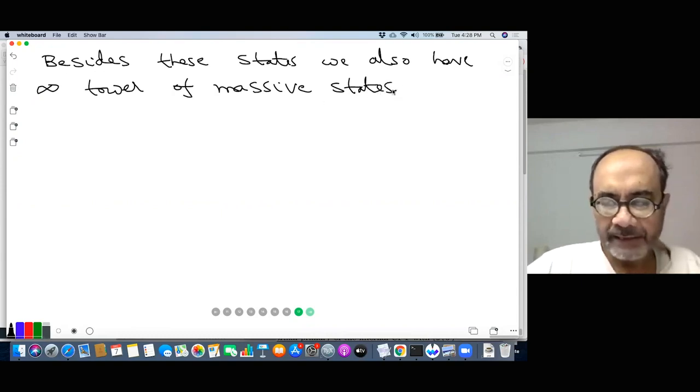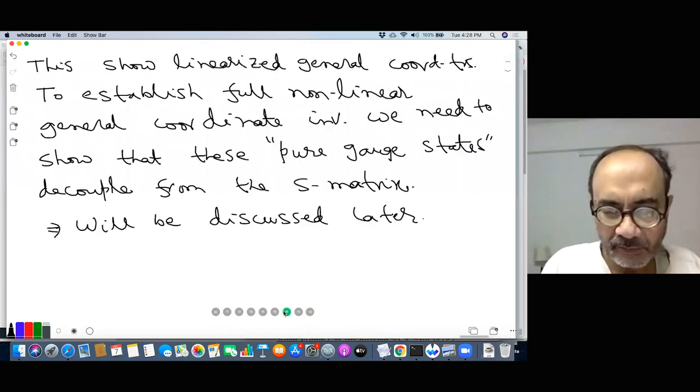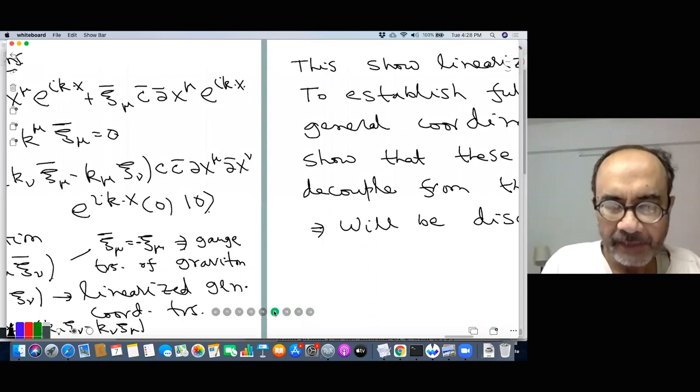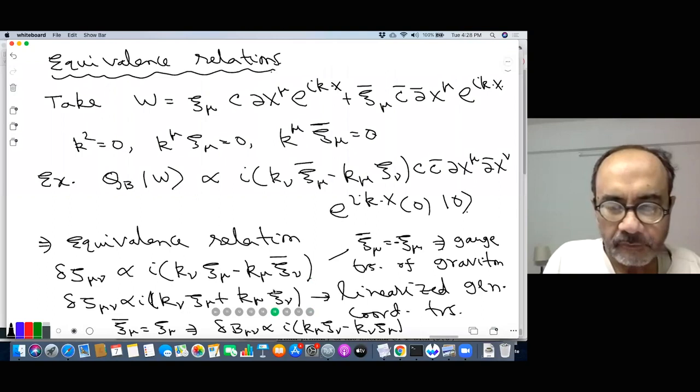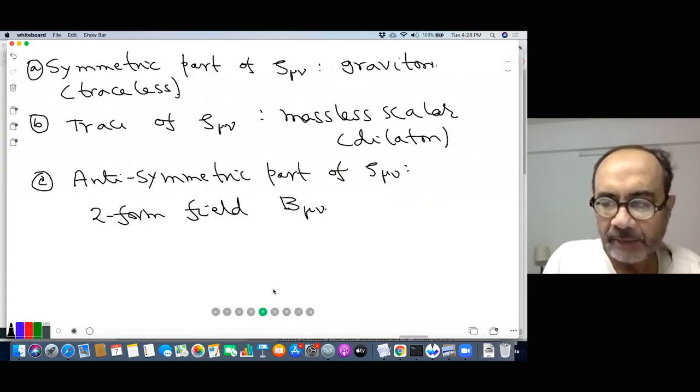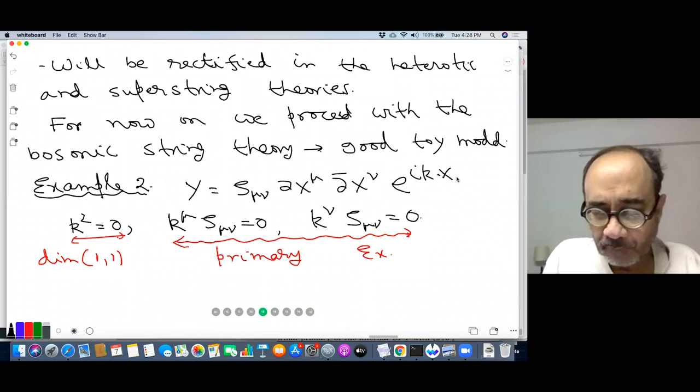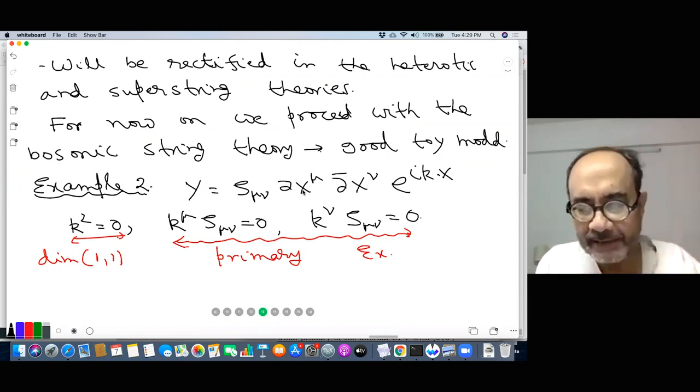Those are obtained by building up higher and higher weight states. All these states have the following structure: some operator multiplied by e to the I k dot x. And one feature is that the k has to be adjusted so that the dimensions match up correctly. These infinite towers of massive states come from using higher derivative terms here, say multiple derivatives of x or products of many partial x's.